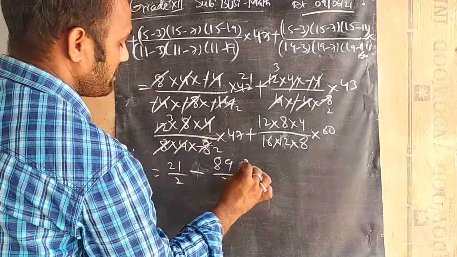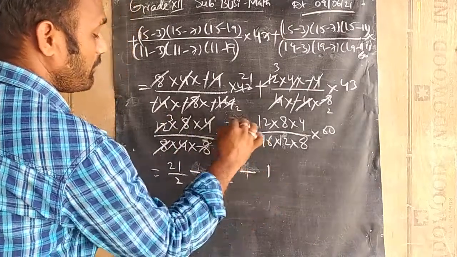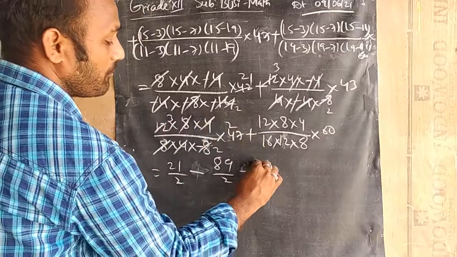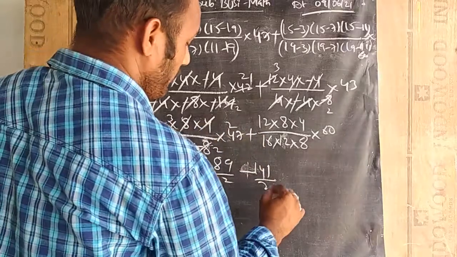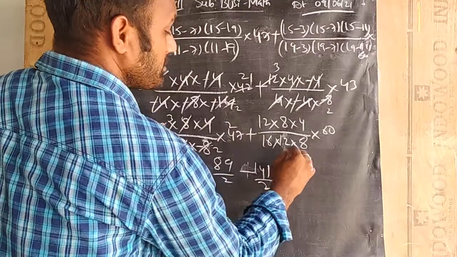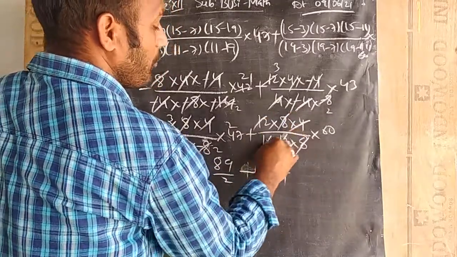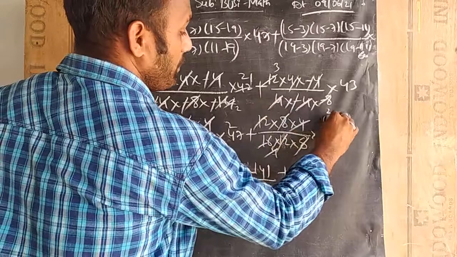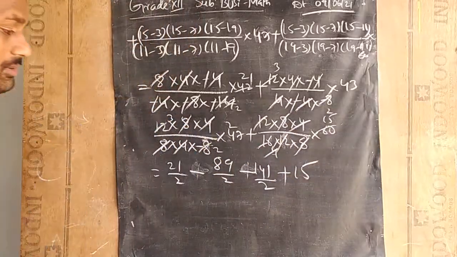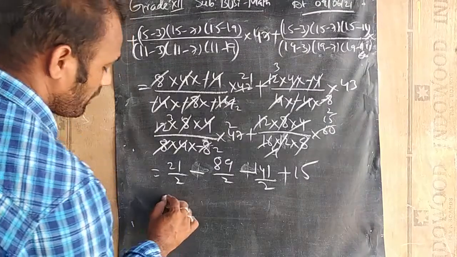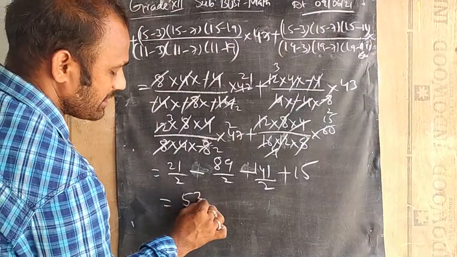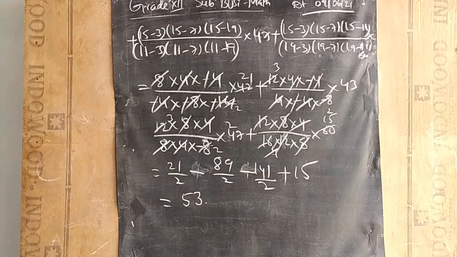So this is also minus: 7 3s are 21, 4 3s are 12, 13, 14 by 2. Plus 8 cancels, here 4 1s, 4 2s, 4 1s, 4 15s, 15. If you do the total simplification, you will get the answer as 53. This will be the interpolation.